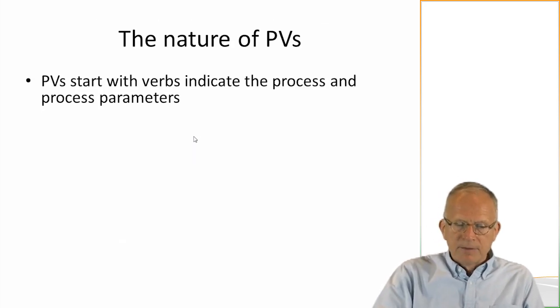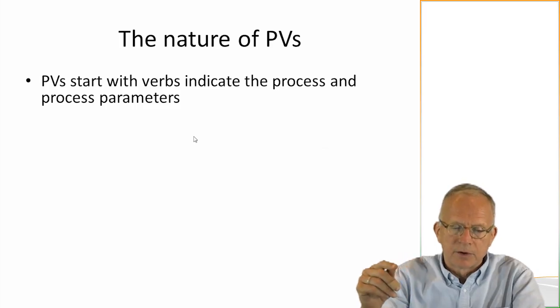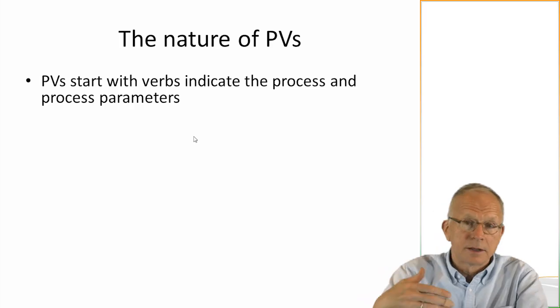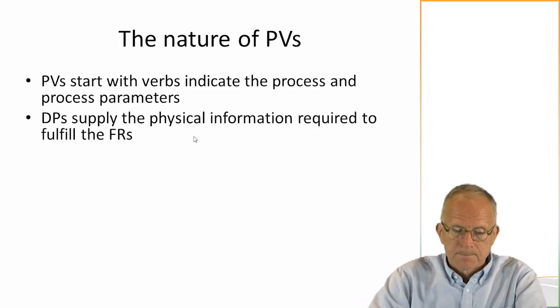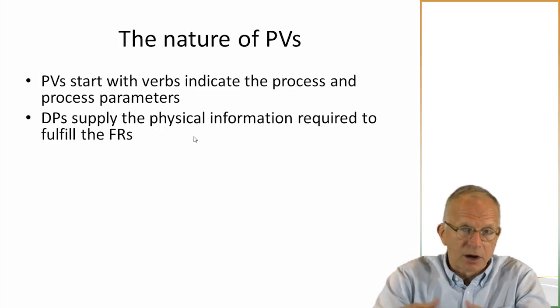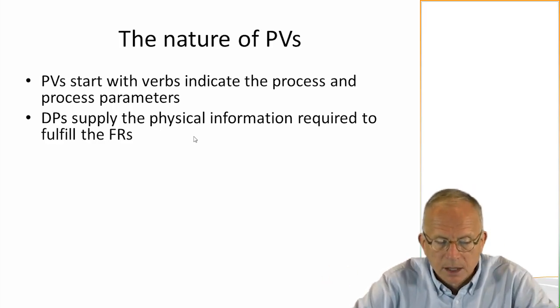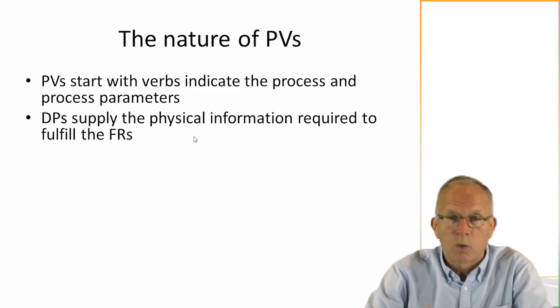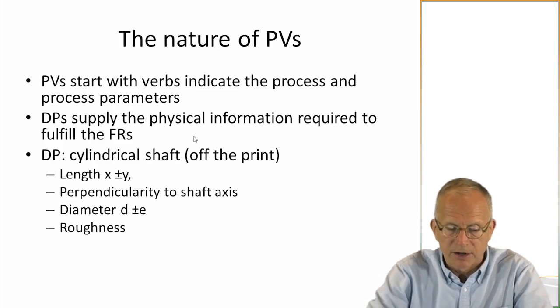All right, nature of the PVs. PVs start with verbs and indicate the process and the process parameters. The process parameters are going to relate to the target value and the tolerances. The DPs are going to supply the physical information required to fulfill the FRs.